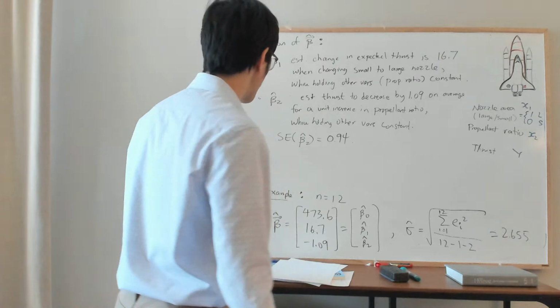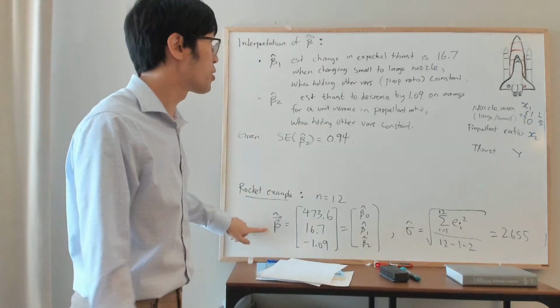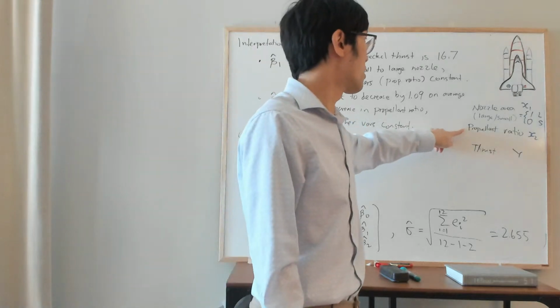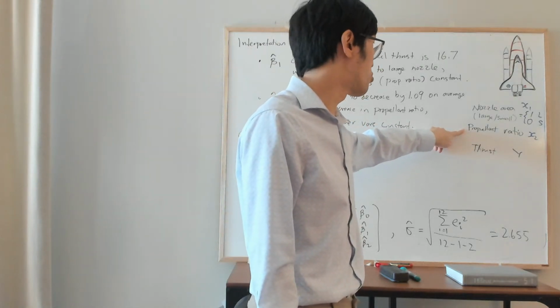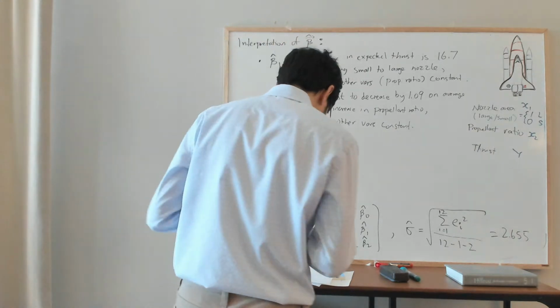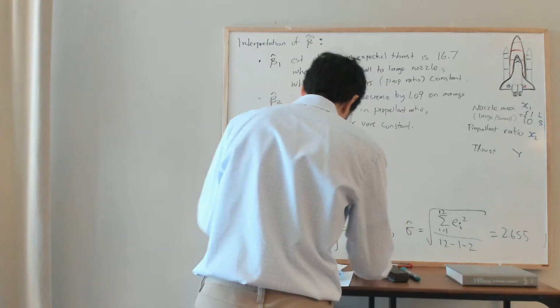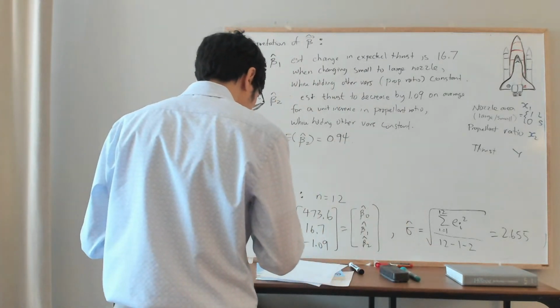So what conclusions can we draw about the parameter beta 2, or in effect the significance of propellant ratio as a predictor of thrust? Okay, so let's quickly do what we did for confidence intervals and hypothesis test.